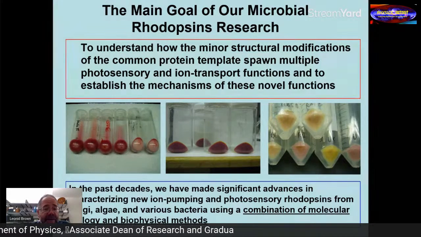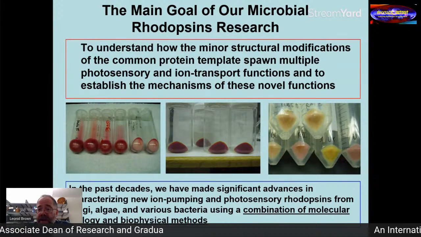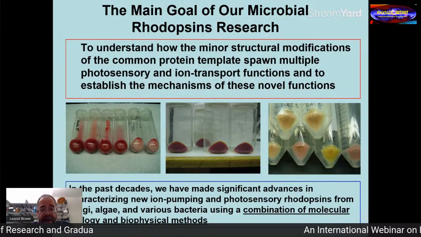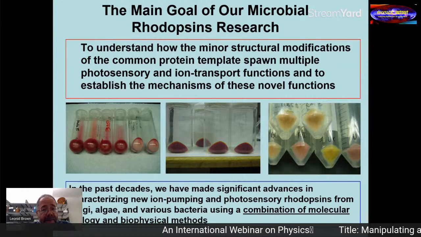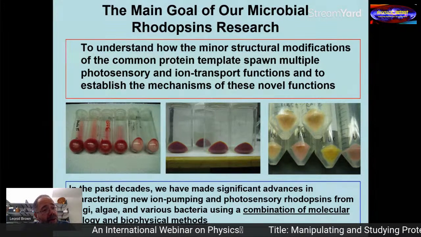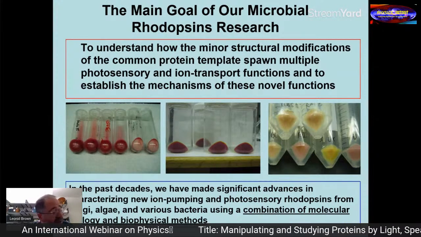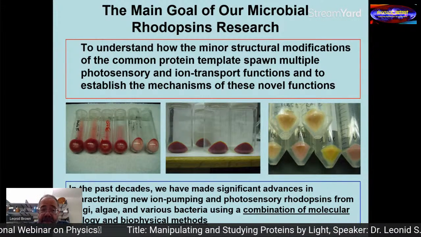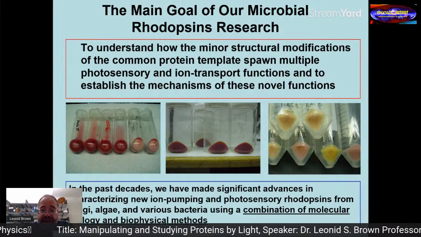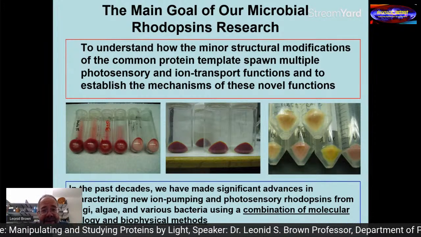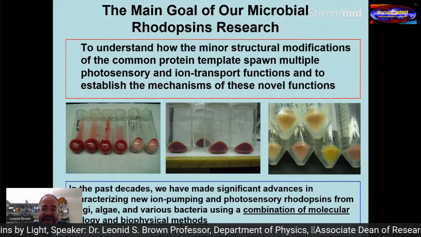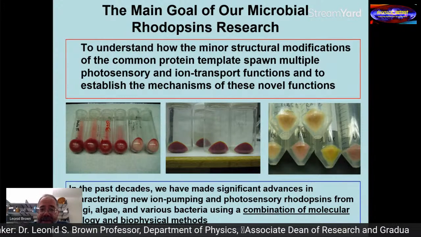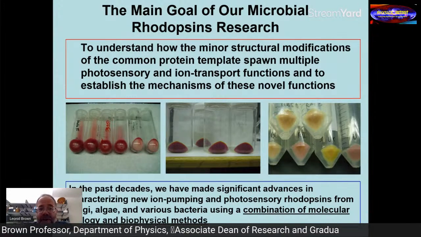Now I will try to tell you what we are doing in our lab. Basically, the main goal of our research is to understand how it is possible to take this simple 7-helical template with retinal and to change it in a way that it creates so many different functions.